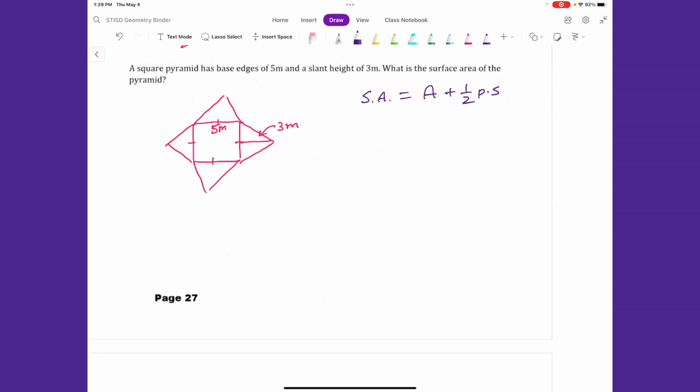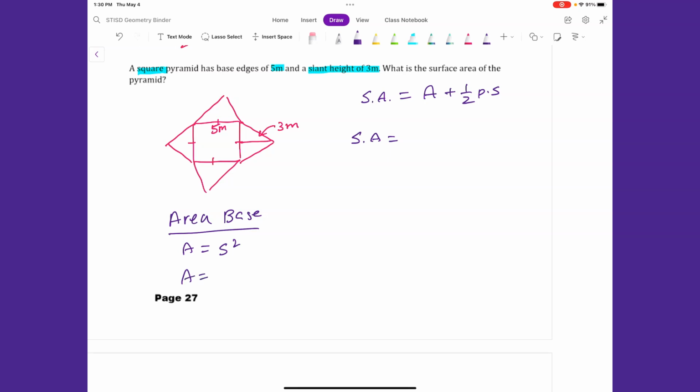A square pyramid has edges of 5 meters. It's really important that you know that it's a square pyramid. The edge is 5 meters and the slant height is 3 meters. What is the surface area of the pyramid? So surface area equals the area of the base. We know the base is a square, so the area is equal to the side squared.